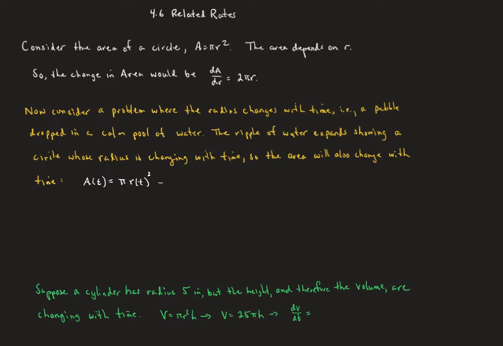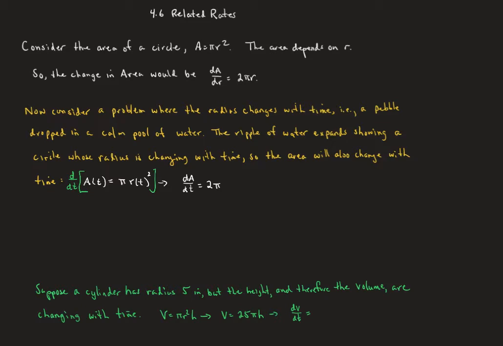So then when we go to take the rate of change of the area, what we're really doing is taking the derivative with respect to t. So t is the independent variable. And what we get then is dA/dt, and now the derivative of pi r(t) squared becomes a chain rule derivative.